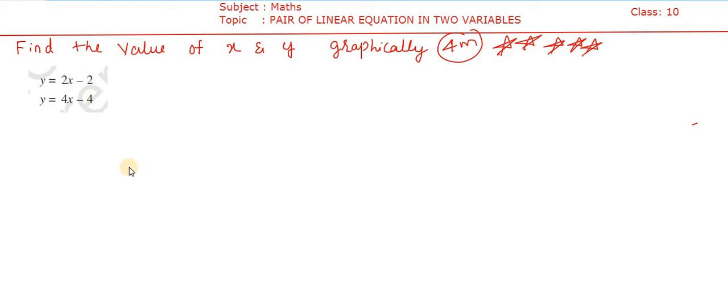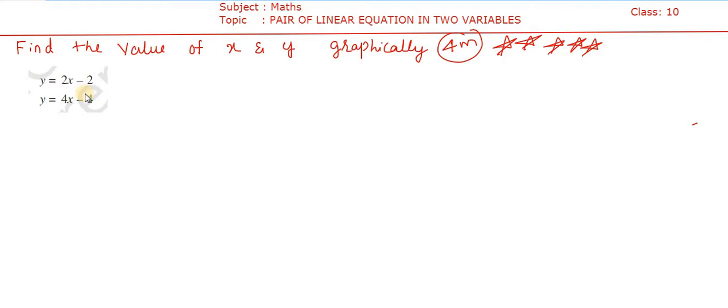But now we should do the pair of linear equations, pair in the sense for both. The value of x and y should satisfy both equations, only then it is called a pair of linear equations in two variables.